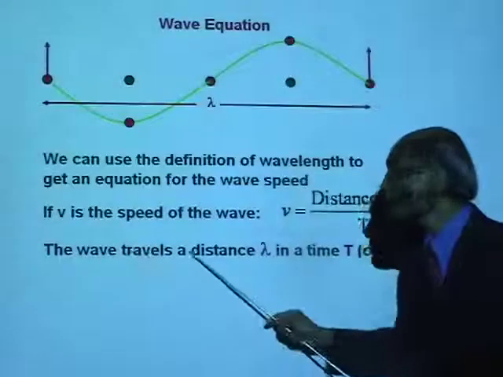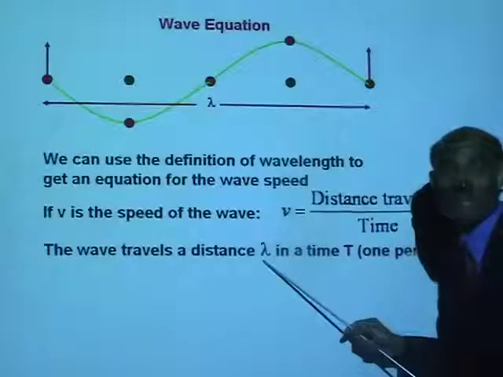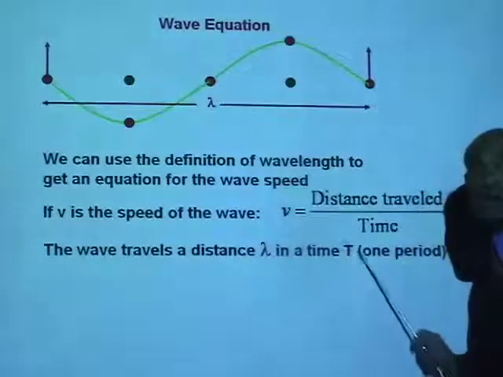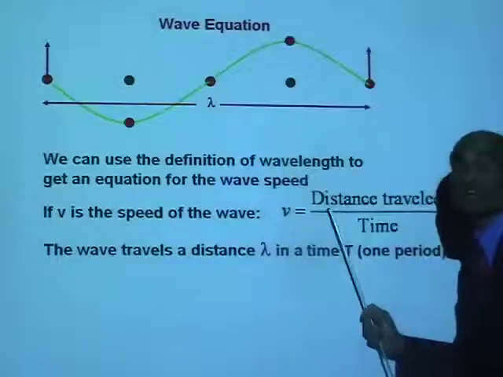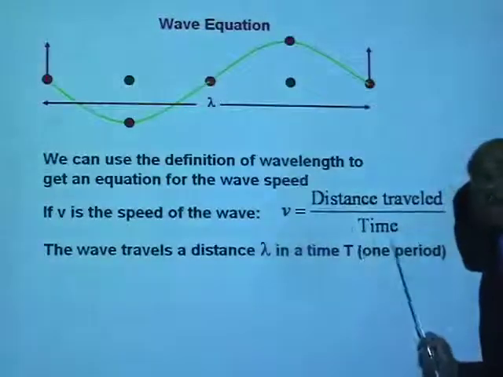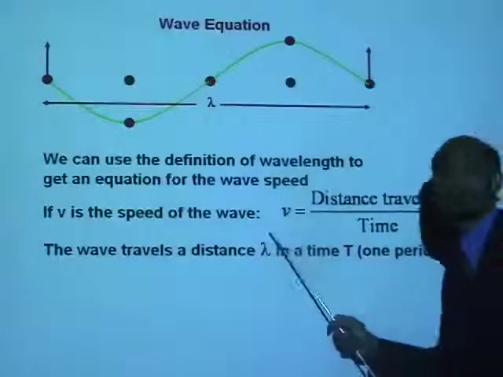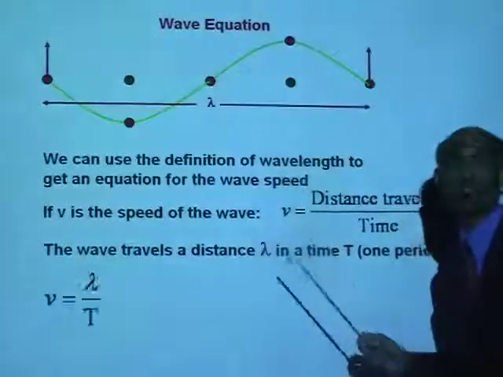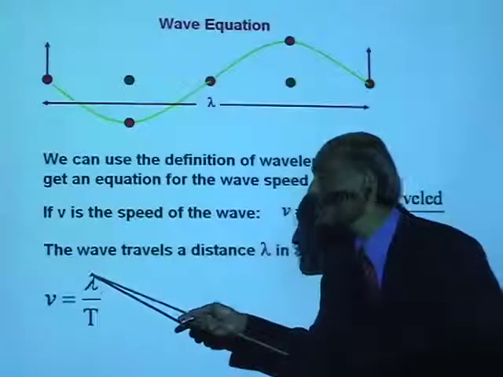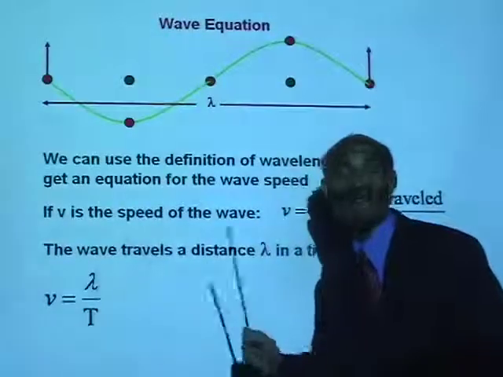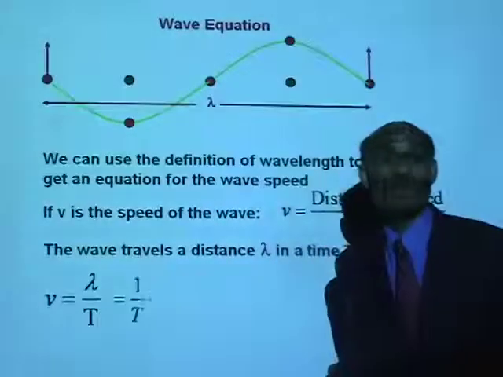The wave travels a distance of one wavelength represented by lambda in a time of one period. So, in this equation, if I replace the time by one period, this distance then becomes the wavelength lambda. So, we can say v, the wave speed, equals wavelength divided by the period. You see how we obtained the wave equation.